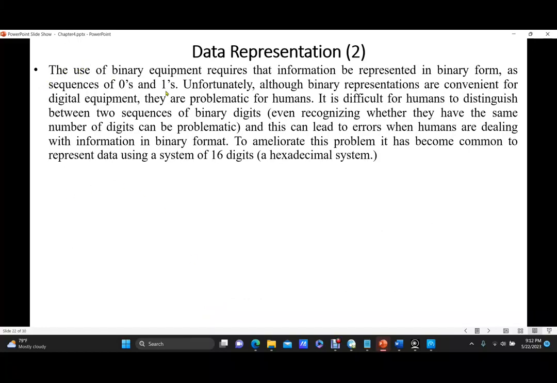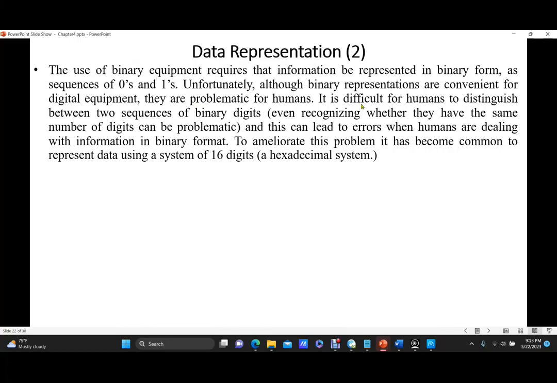The use of binary equipment requires that the information be represented in binary form as sequences of zeros and ones. Although this is convenient for digital equipment, binary representations are problematic for humans.